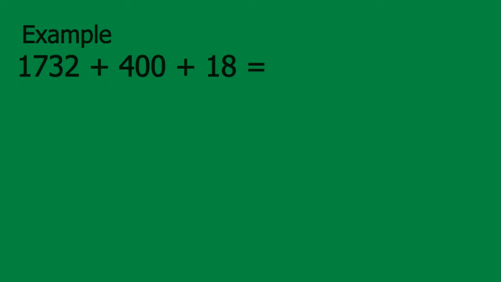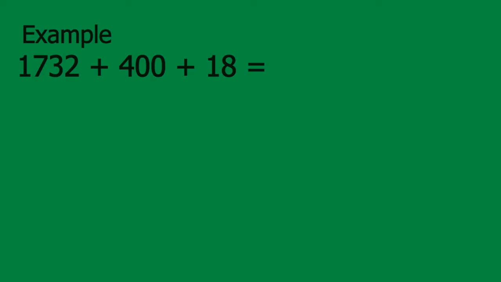Let's look at a quote-unquote more difficult problem. We have 1732 plus 400 plus 18. These two properties allow us to break it and regroup it in any way we want to make our calculations a lot easier. If you can calculate from left to right currently, that is entirely fine. That is amazing. But let's change it up.